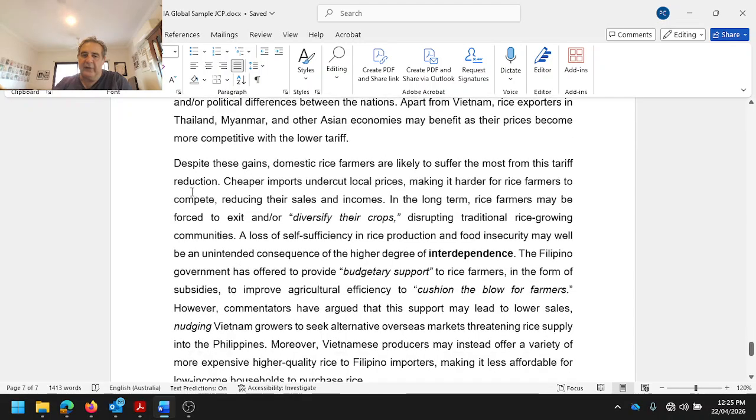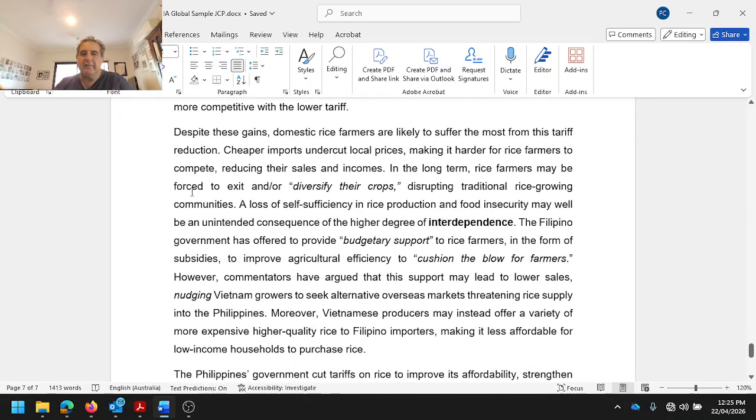So then he's got his next big evaluation paragraph. Okay, despite these gains, domestic farmers are likely to suffer the most. So now he's talking about how the local producers are going to suffer, but then he also claims, based on the article, that the government is trying to support those rice farmers by giving subsidies.